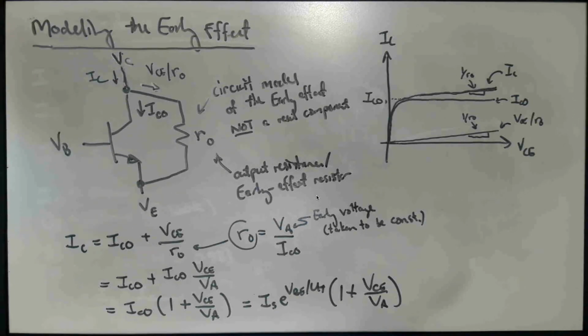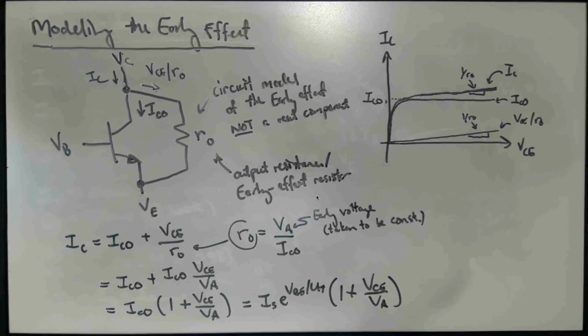Okay, so that's what I'm going to say about the early effect for now. This is the way we typically will model it. We will model it selectively, which means that in some cases we will be taking it into account, in other cases we will not be taking it into account in the same circuit, and that'll be a matter of some judgment.